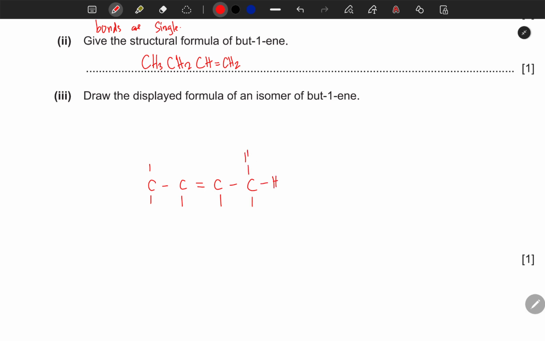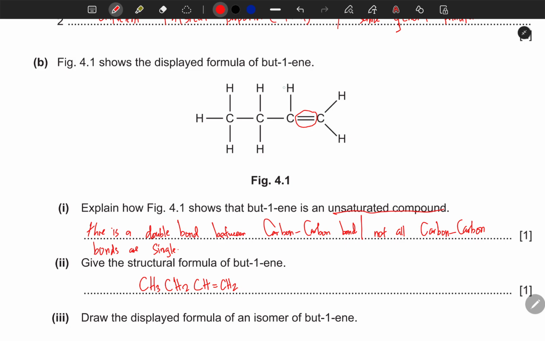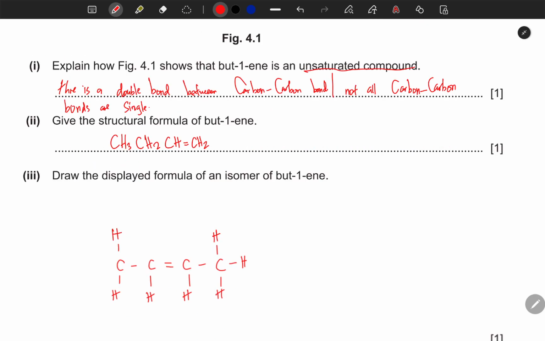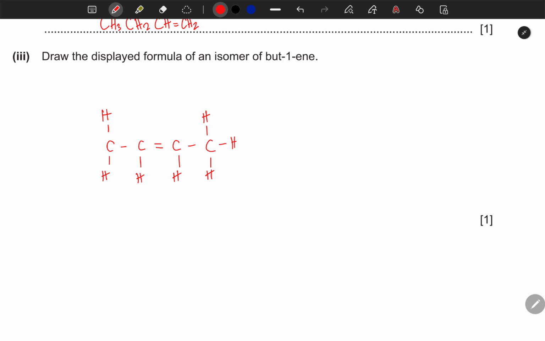You can see that I'm still having the same hydrogen atoms, 1, 2, 3, 4, 5, 6, 7, 8. I'm still having 8. What about another one? Can you think of another one? Yes, there can be.